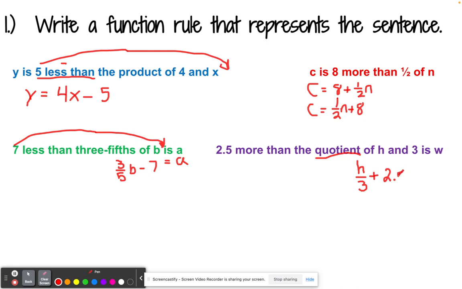So 2.5 more than the quotient of h and 3 is w. I'm actually going to try to get you in the habit of writing this in the front too, but we'll deal with that later.